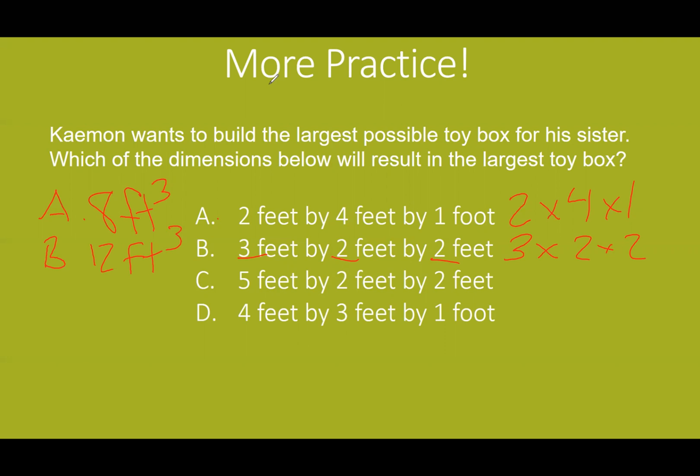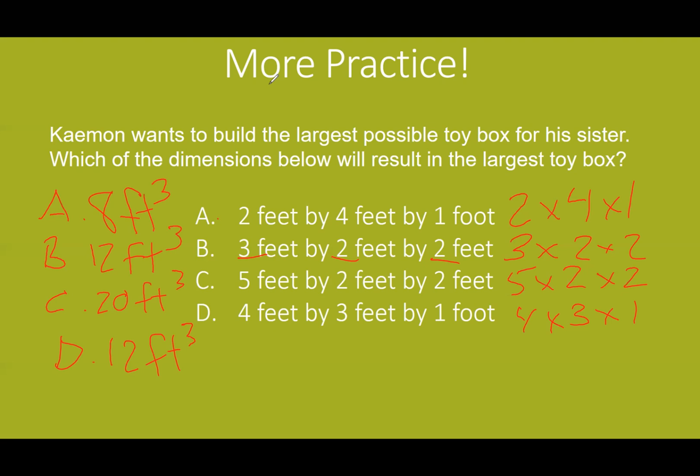Option C, we have 5 feet times 2 feet times 2 feet. Did you get 20 for this one? Because 5 times 2 is 10, and 10 times 2 is 20. 20 cubic feet. And then for D, we have 4 times 3 times 1, and you should have gotten 12 feet cubed, because 4 times 3 is 12.